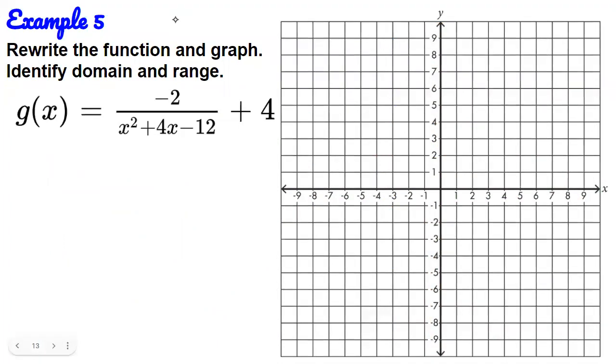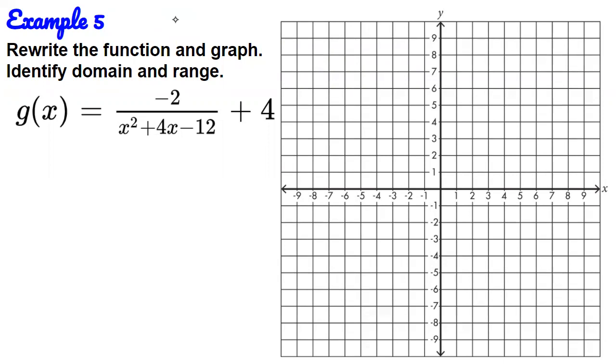g of x equals -2 over x squared plus 4x minus 12, plus 4. So this one's a little bit different, yet not complicated. Don't be scared. Everybody has this one down?